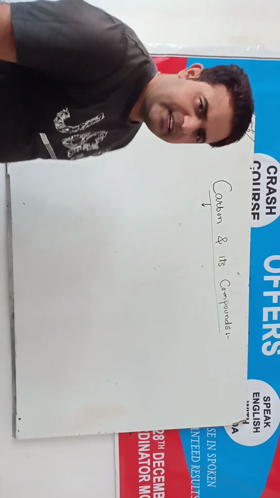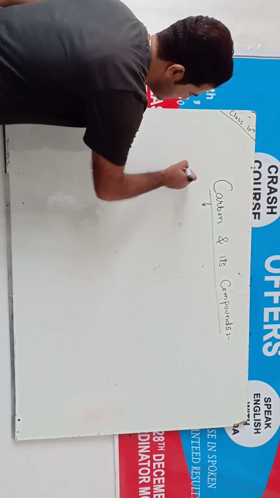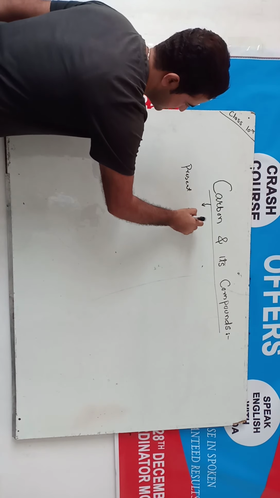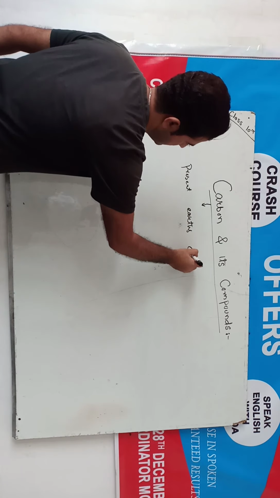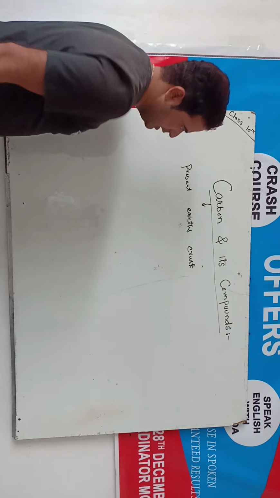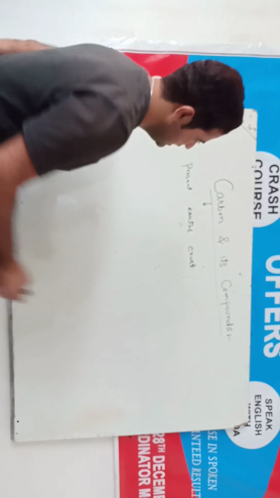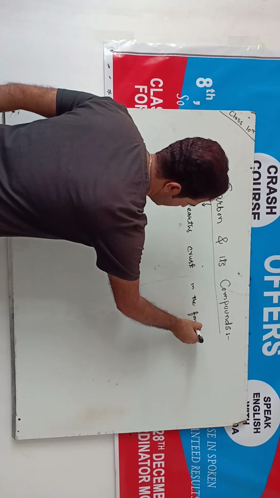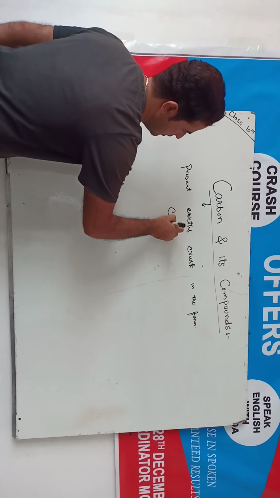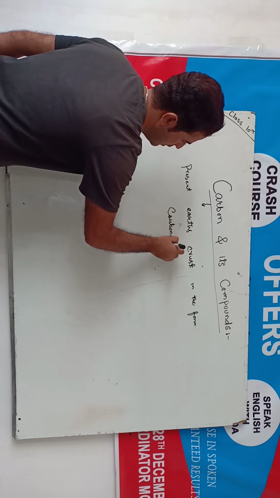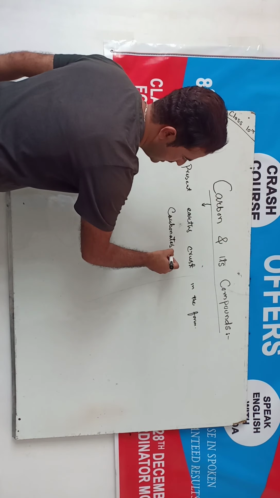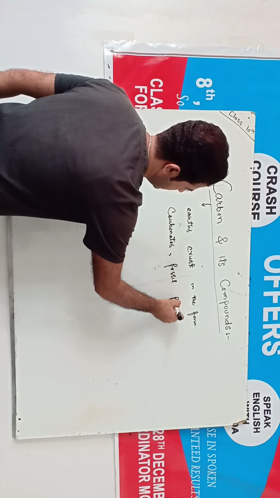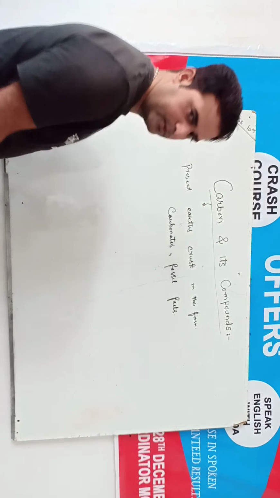Carbon is present in nature, in the Earth's crust, in the form of carbonates and in the form of fossil fuels.